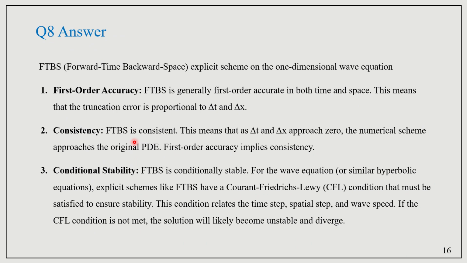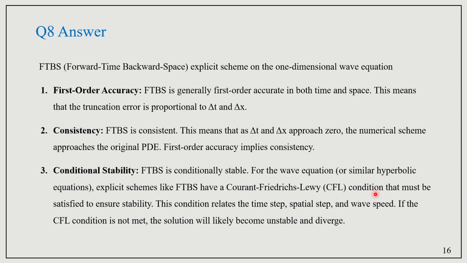For the wave equation, explicit schemes like FTBS have a Courant-Friedrichs-Lewy condition, and the system must satisfy the CFL condition to get stability. This condition relates the time step, spatial step and wave speed. That is, CFL is equal to V times delta t by delta x.